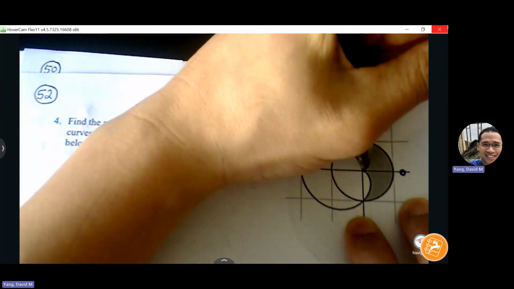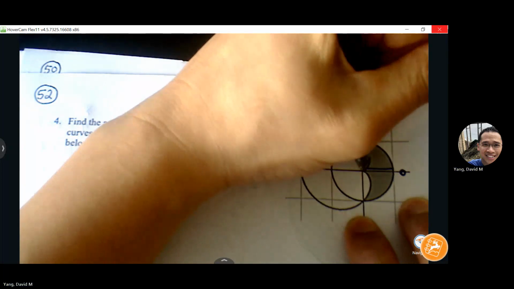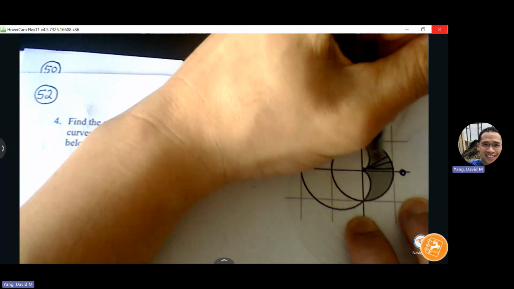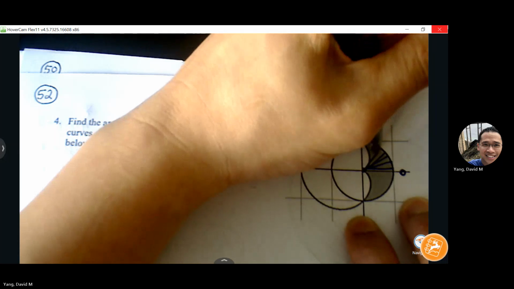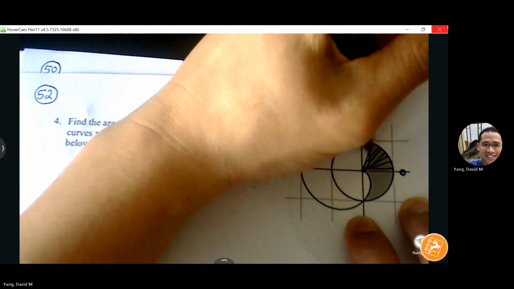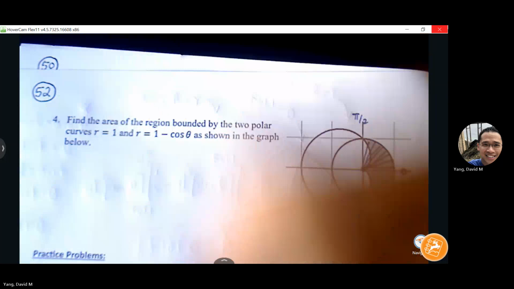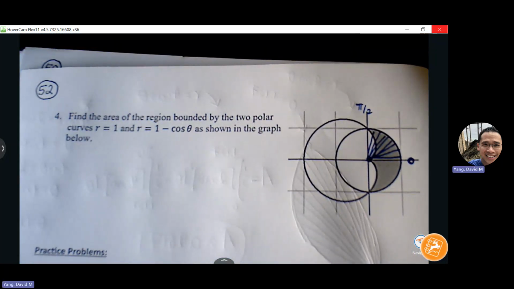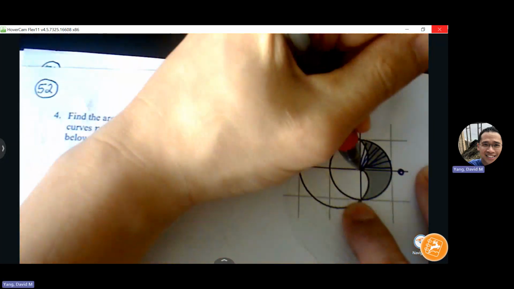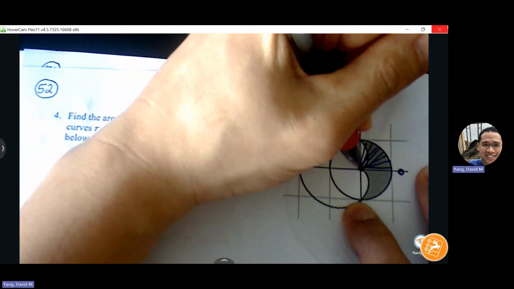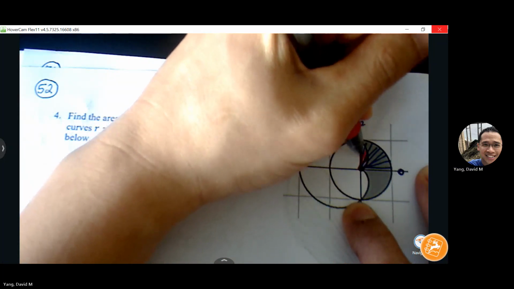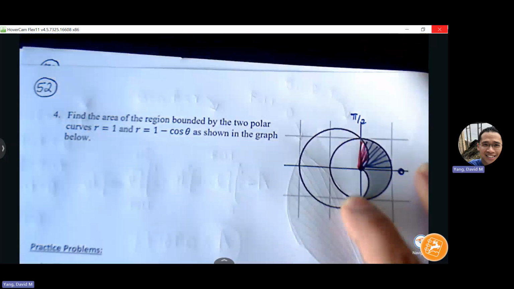So from 0 to pi over 2, I'm just going to focus on getting this full region here. And then after that, I'm going to subtract out the cardioid portion that I don't want as part of my answer.